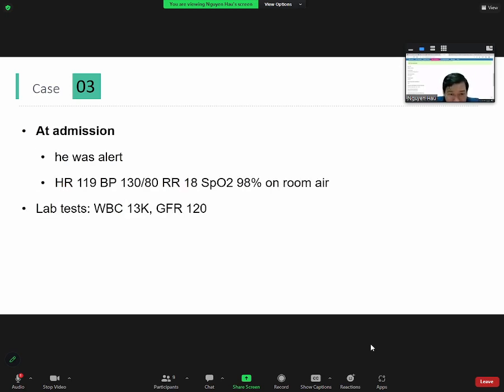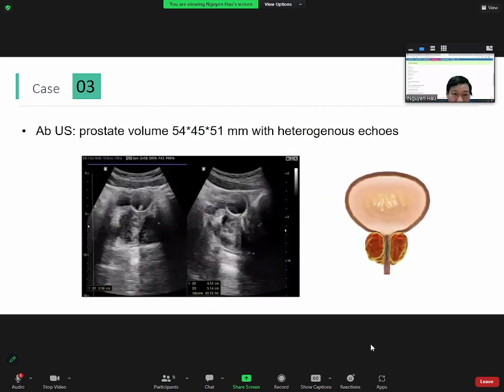On admission he was alert. Vital signs are normal with room air. Lab: white blood cell a little bit higher, GFR is normal, but CRP is very high, and procalcitonin is normal.